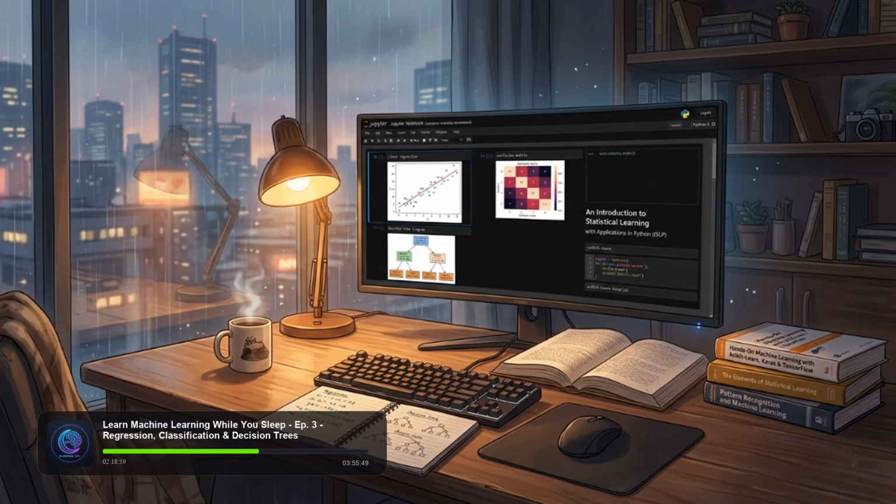unseen production data. To prevent decision trees from overgrowing, developers often set early stopping hyperparameters, setting a maximum tree depth using max_depth, requiring a minimum number of samples to split an internal node using min_samples_split, or enforcing a minimum number of samples per leaf node using min_samples_leaf.